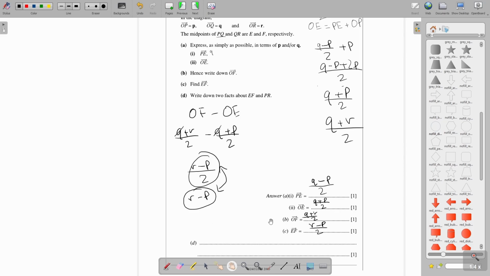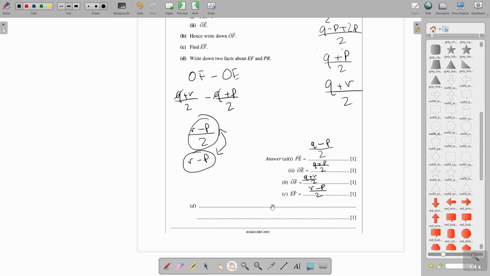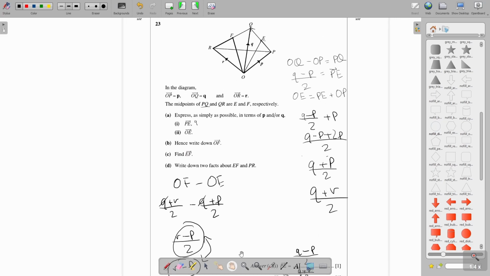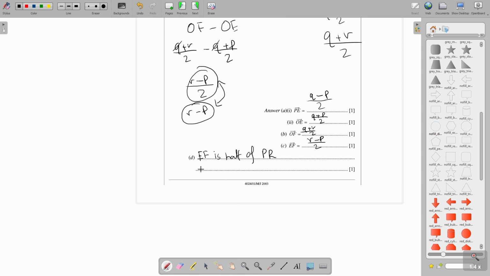So one of our facts is EF is half of PR. And since they're both going in the same direction, let me just draw EF as well. Since they're both going in the same direction, they are parallel lines. So we can simply say they are parallel.